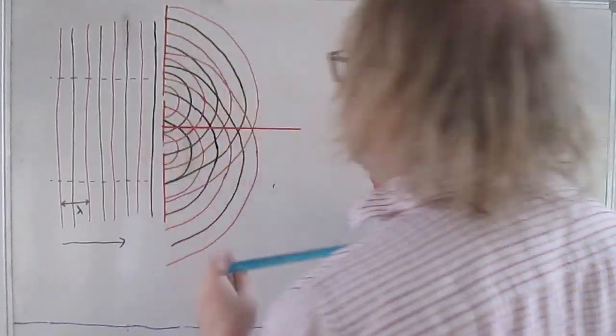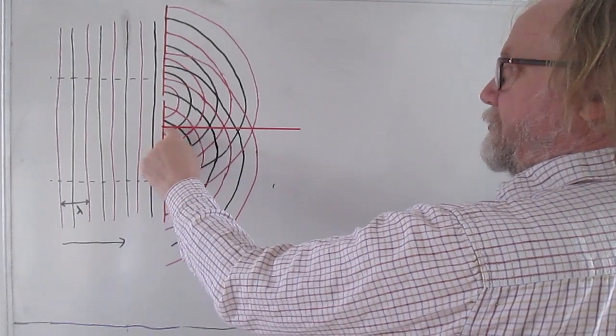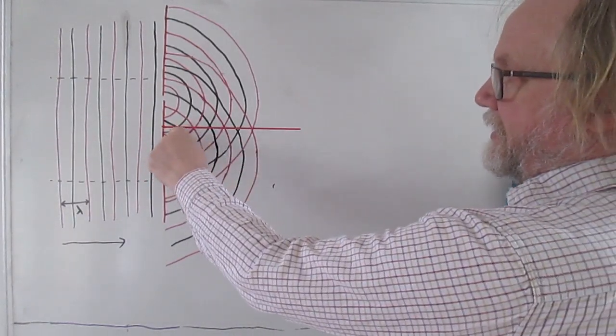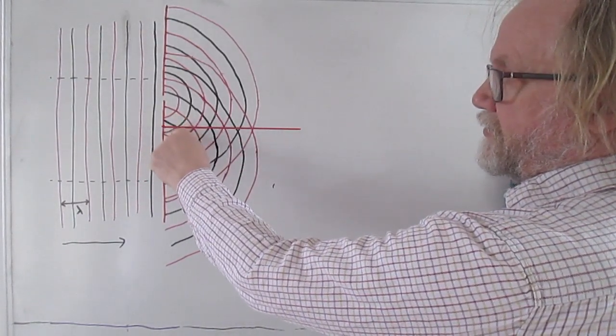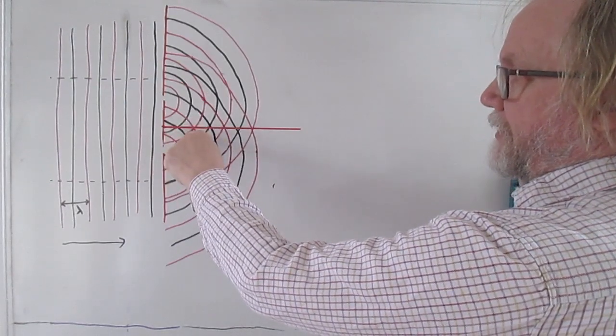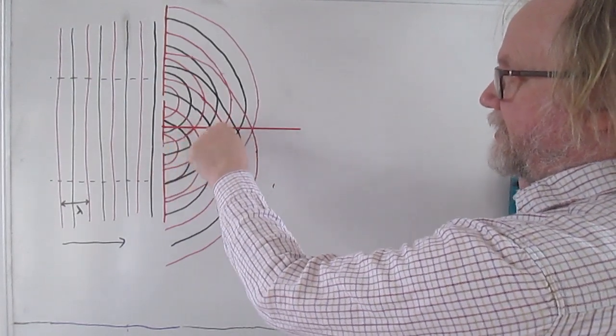But you can see more or less that along that line you always get constructive interference, because black overlaps black, so troughs overlap, crests overlap, troughs overlap, crests overlap, and so on.